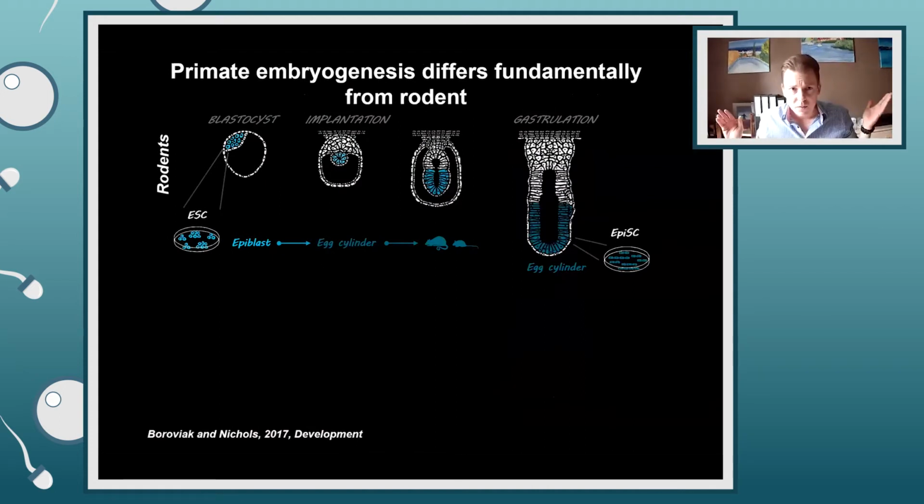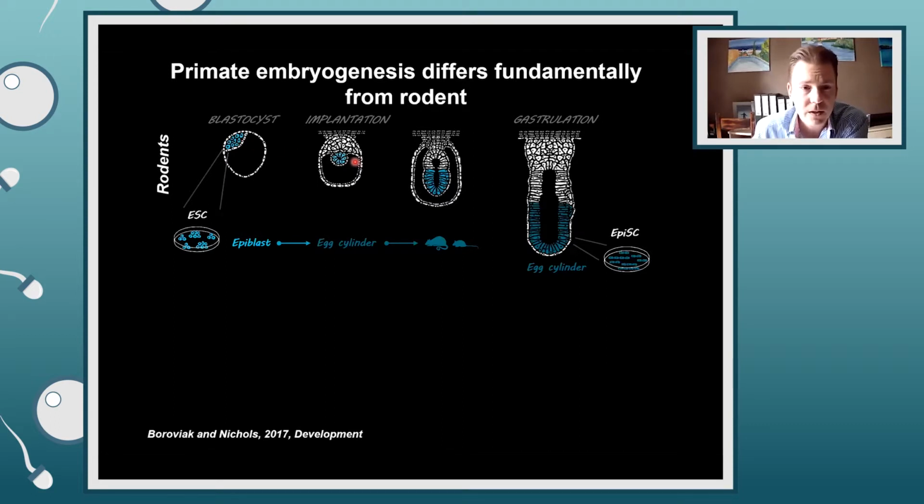So why look at primates? The reason is that, as we have already heard in the previous talk a bit, primate embryogenesis differs quite dramatically from the rodent. And that is with regard to what the epiblast is doing. This is the embryonic lineage, highlighted in this cartoon of rodent development in blue.